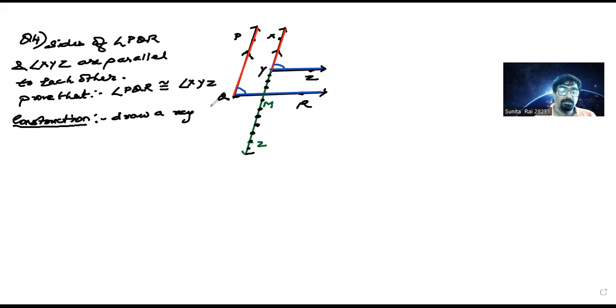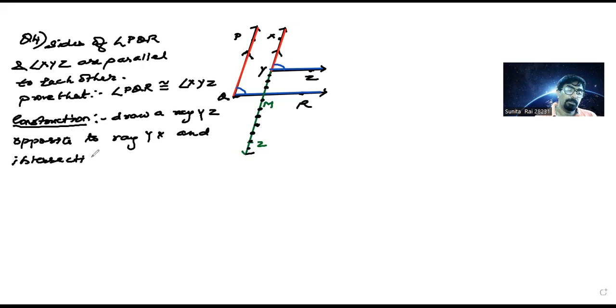What is this? YZ opposite to ray YX and intersecting ray QR at M. So you can see actually a big sentence.